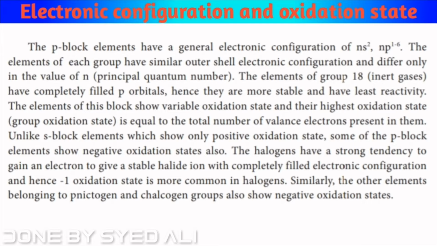The halogens have a strong tendency to gain an electron to give a stable halide ion with a completely filled electronic configuration, and hence -1 oxidation state is more common in halogens. Similarly, the other elements belonging to pnictogen and chalcogen groups also show negative oxidation states.